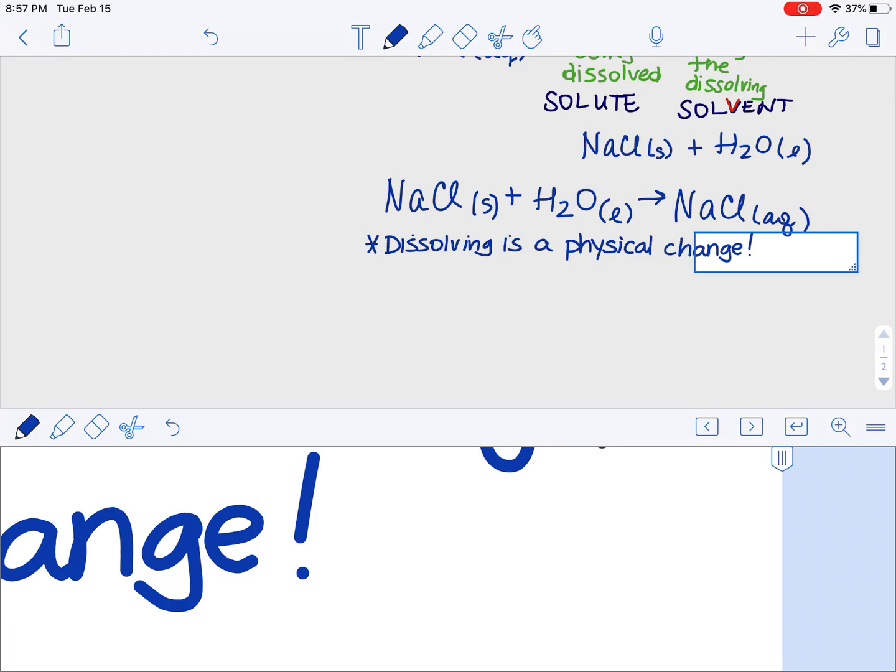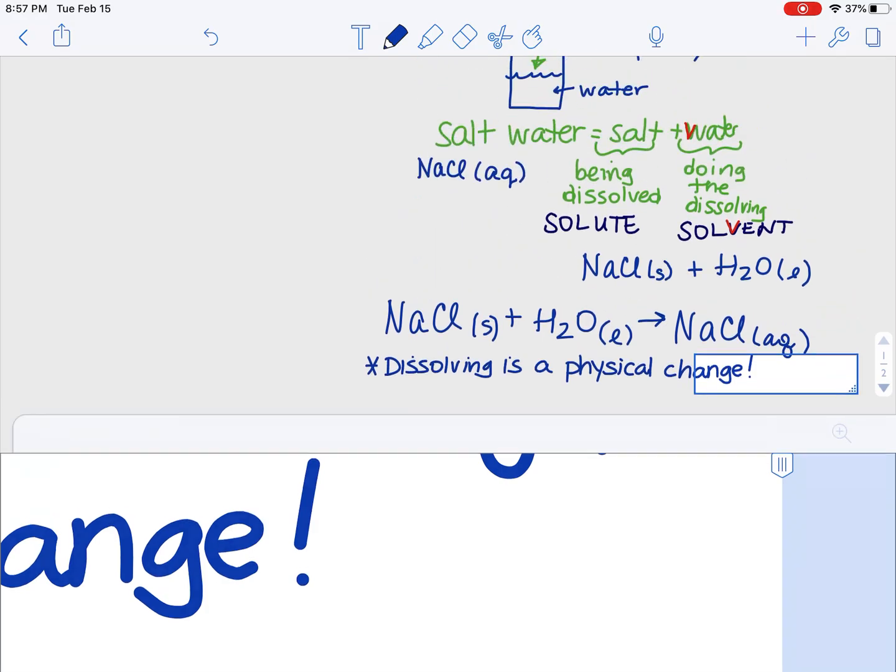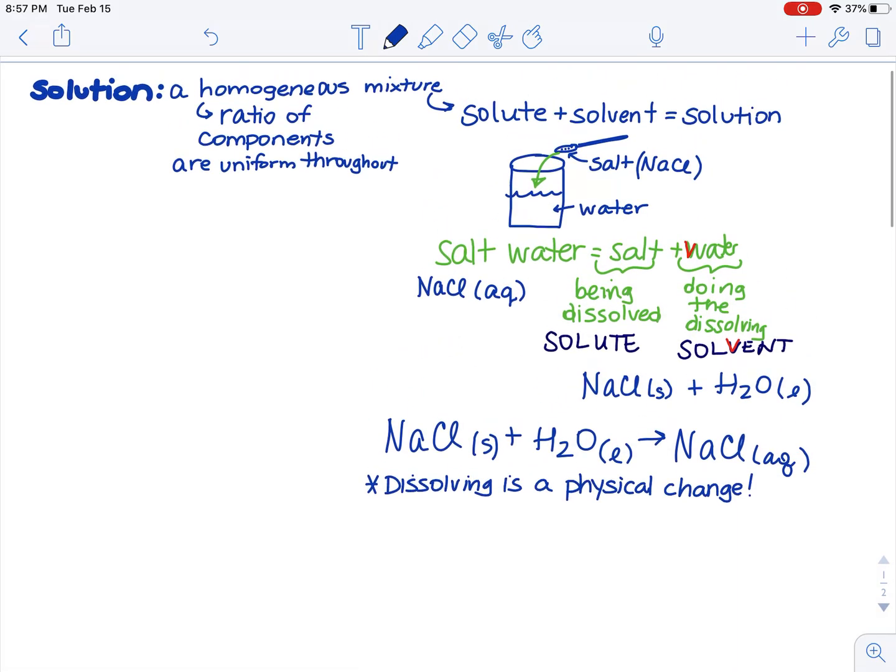So why is it that I can do that? Why can I write this as a chemical reaction, but it's not a physical change? Well, it has to do with what's going on in our salt water. So again, let's zoom in and draw this with a little bit more detail.